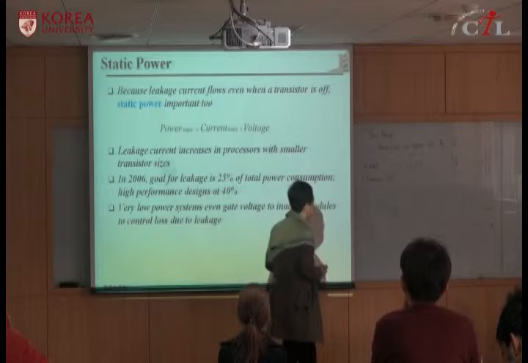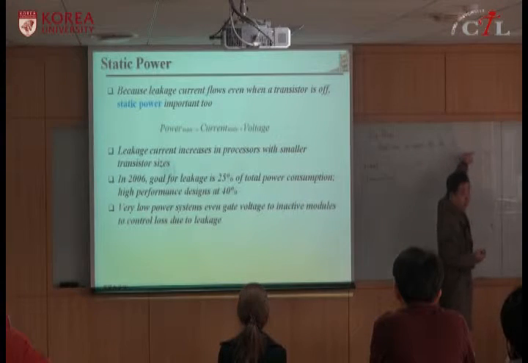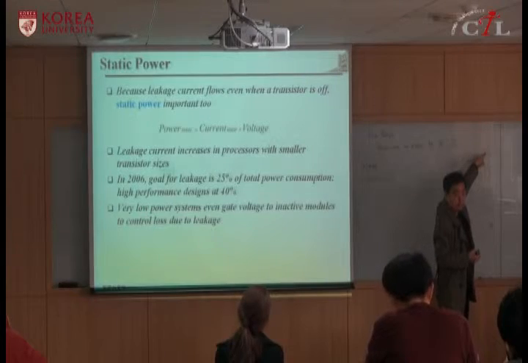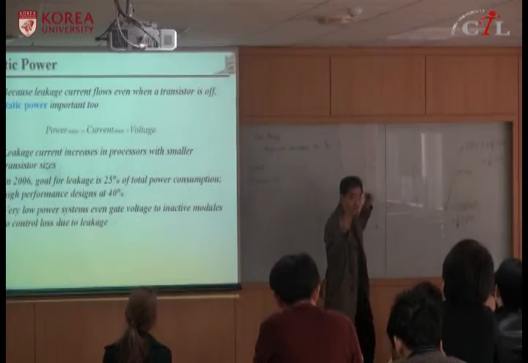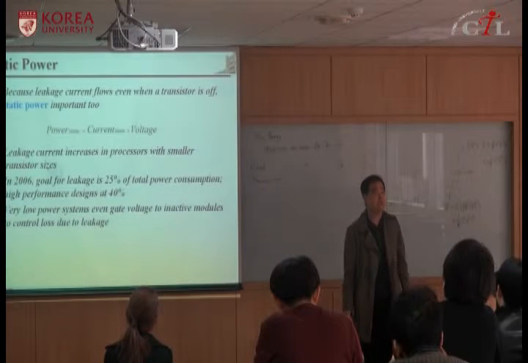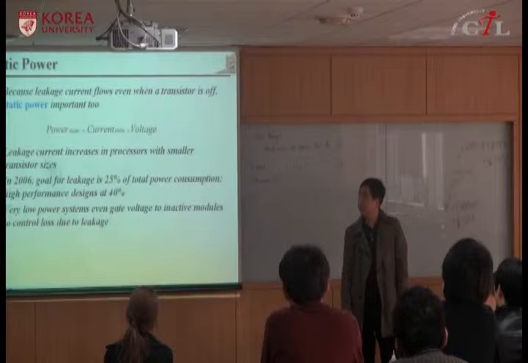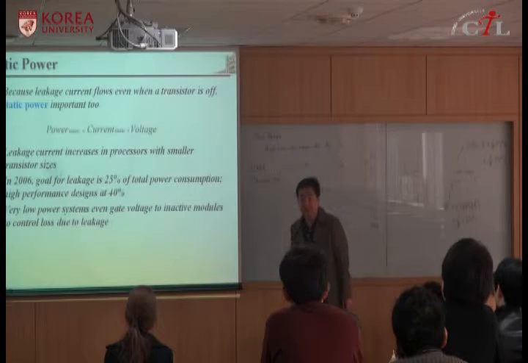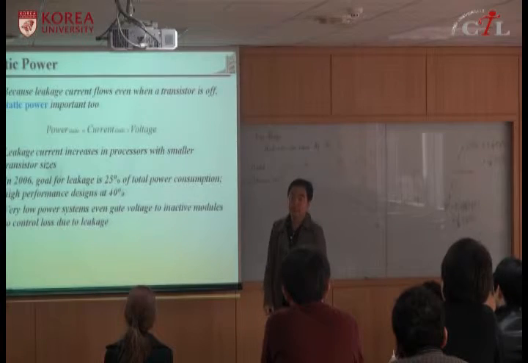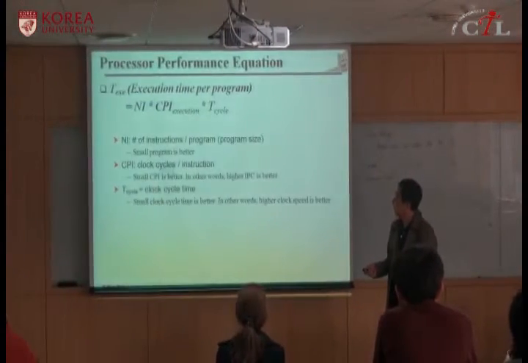VDD is supplied to these cells, and VDD can also be gated. Gating means using another transistor to turn off the power to VDD so that there will be no current flow, and so on.